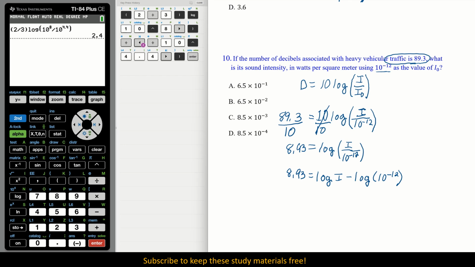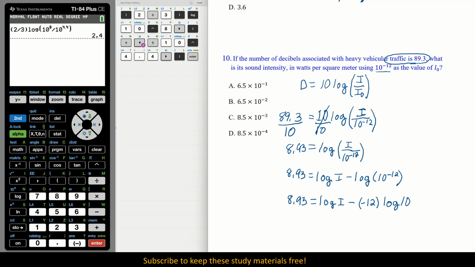And here's the thing, probably best, that minus 12, we can bring that down and rewrite that by just using our laws of logarithms. So this would give us 8.93, just apply your laws, log I minus, but that'll be minus 12, and then log of 10.